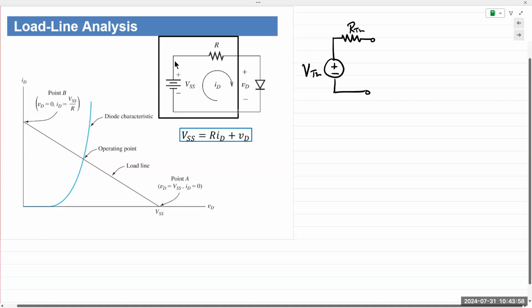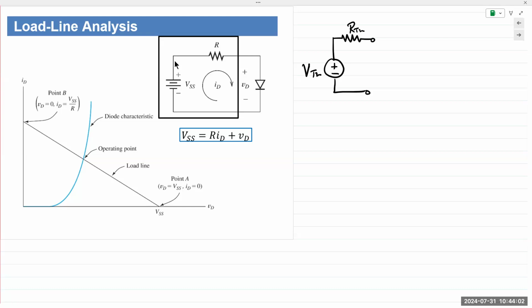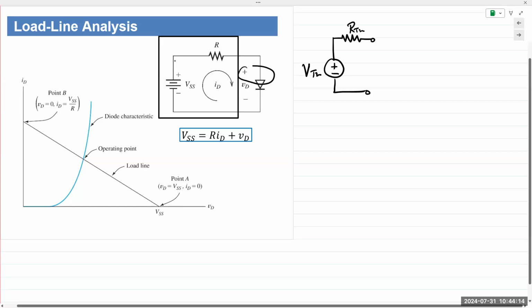The notation for the diode is an uppercase D, and the voltage and current are in lowercase. So the diode voltage, VD, refers to the voltage across the diode with the positive at the anode and the negative at the cathode. And again, think of the concepts that we learned in 201.